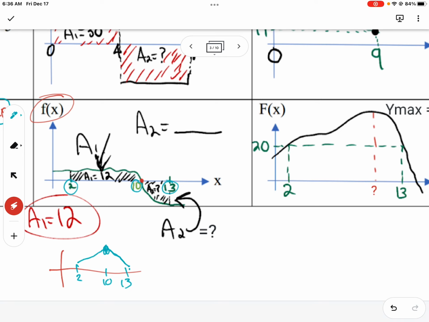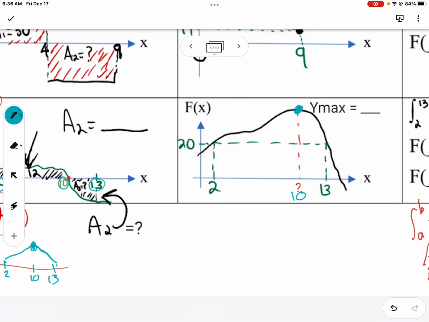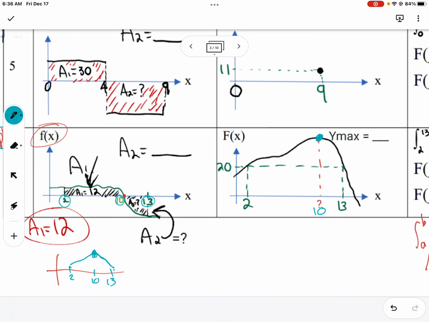So the snow has to be the deepest at that location, the x-intercept of the rate curve. So I know right away that this is x equals 10. That's where the maximum is. And with this question, there's really no specific sequence. You're trying to fill in as much information as you can.